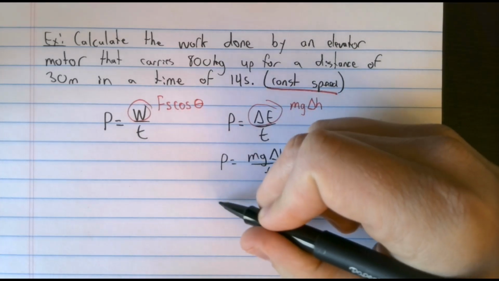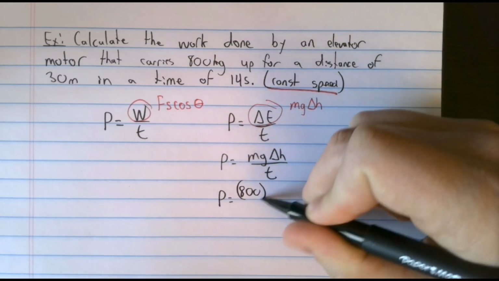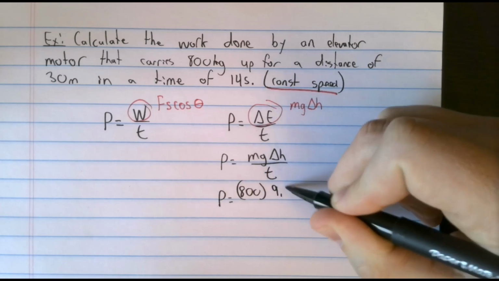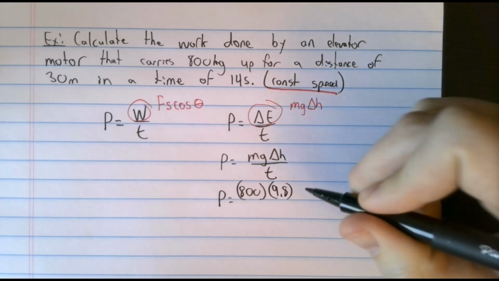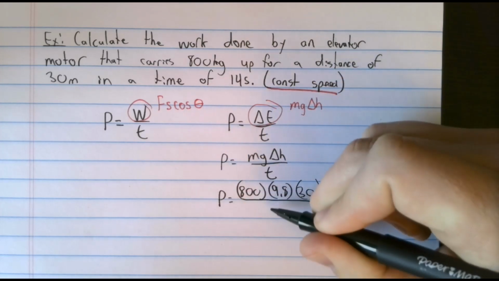We'll plug in the numbers from here. Power is 800 times 9.8 times 30 divided by 14.